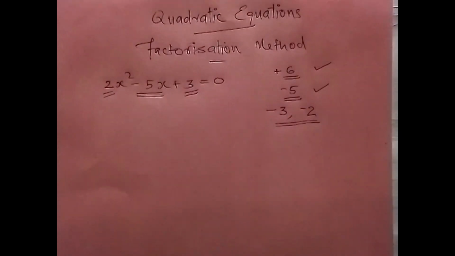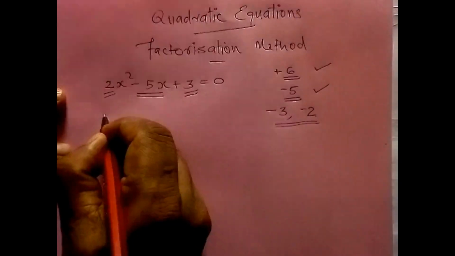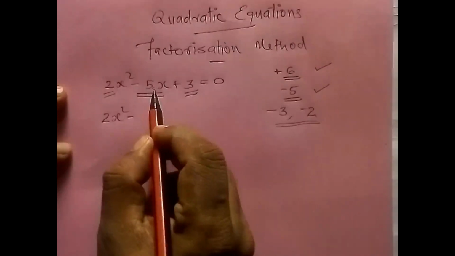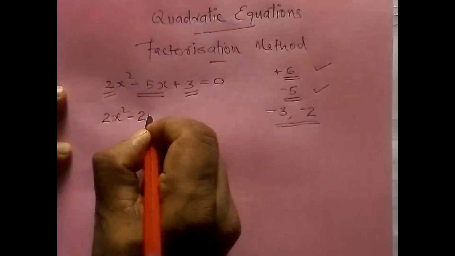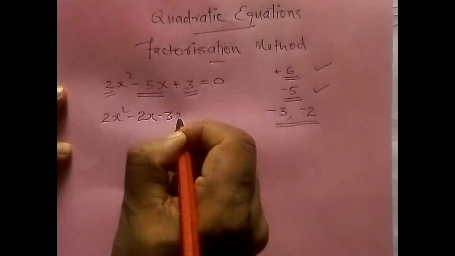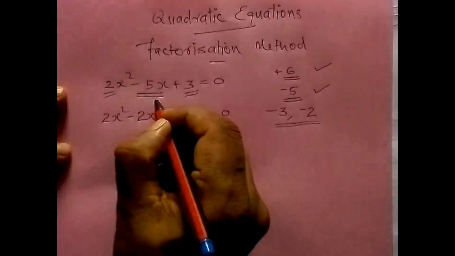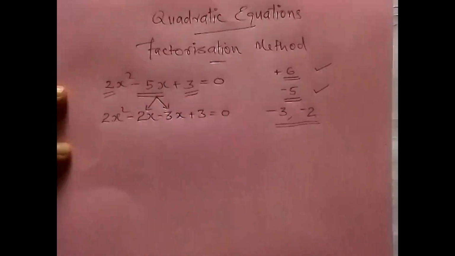When another situation comes, we will try to design the method accordingly. Now that this is fixed, we will split the middle term minus 5x as minus 3x and minus 2x. So I can write it as 2x square minus 2x minus 3x plus 3 equal to 0. What happened is that this minus 5 has been split into minus 3 and minus 2.